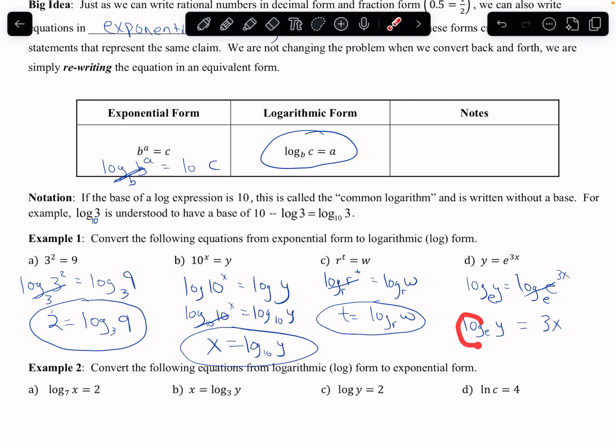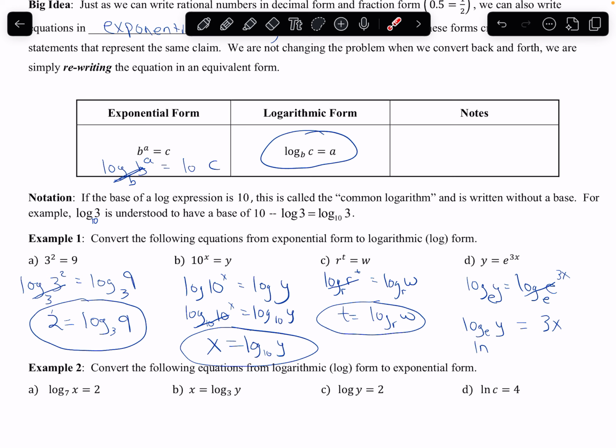Whenever you see log base e, you'll almost never see it written like that. Log base e is a special logarithm, and you write it like this: ln. That's ln, the natural logarithm. That's what it's called. Ln is just log base e.